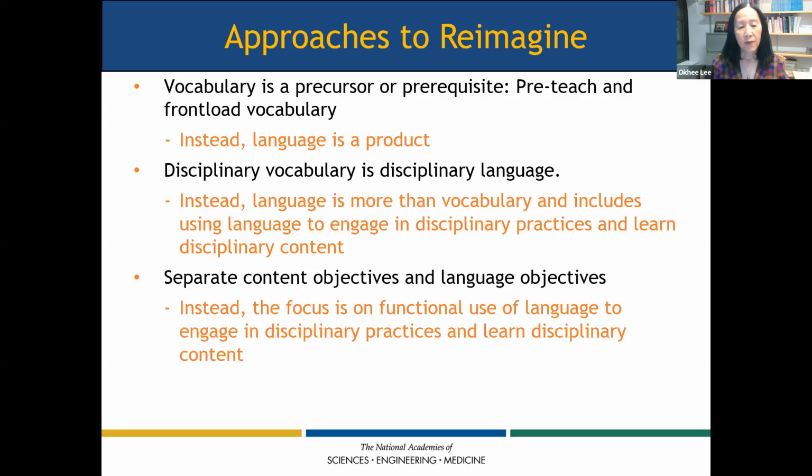Now, we tend to separate content objectives and language objectives. So we used to do this: here is a list of content objectives and here is a list of language objectives. And today when I teach about something, my language objective is, I'm going to teach past tense, so that there are two sets of.